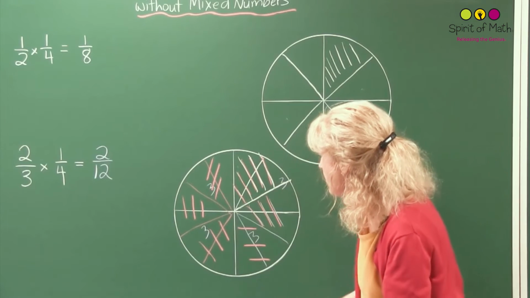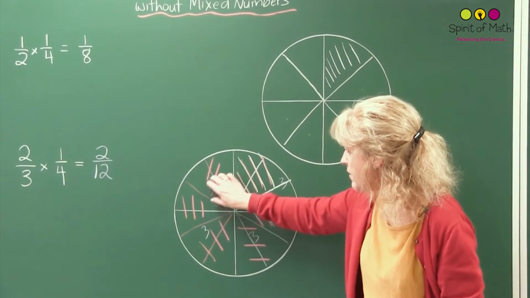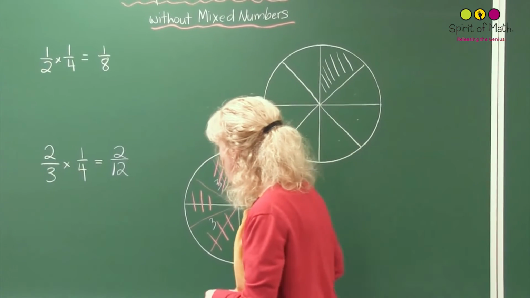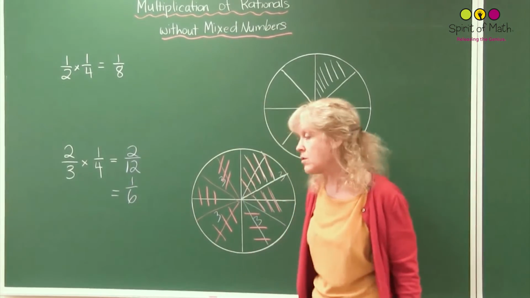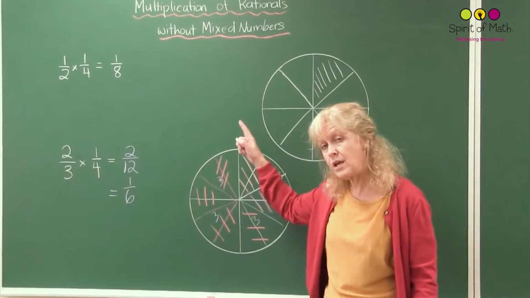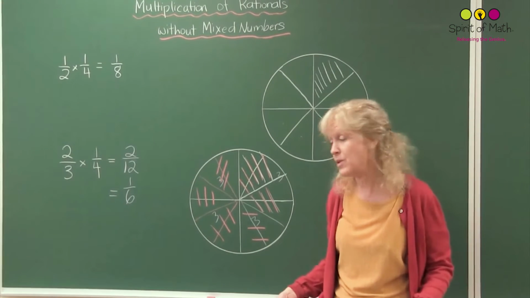So you've got 1, 2, 3, 4, 5, 6. So that's 1/6. And that's how you can think about reducing. And that takes us to our next question, in which we're going to reduce. These were only here so you understand what really happens when you multiply.